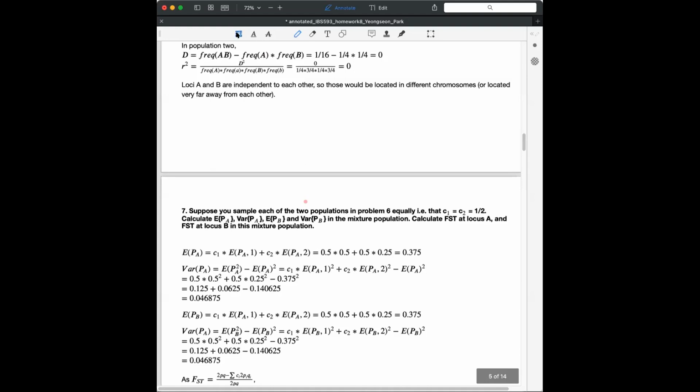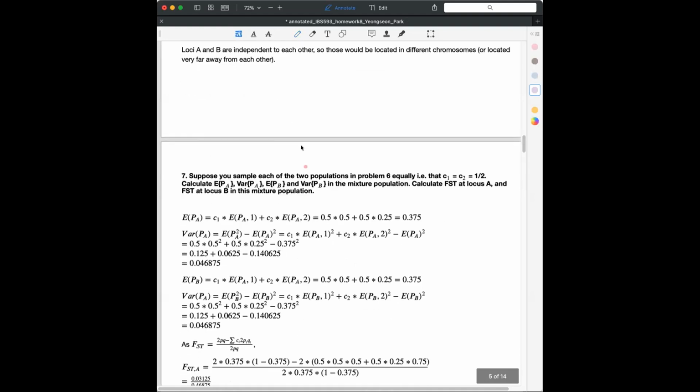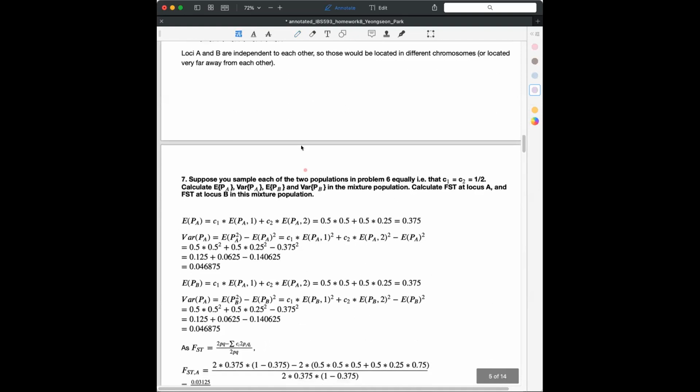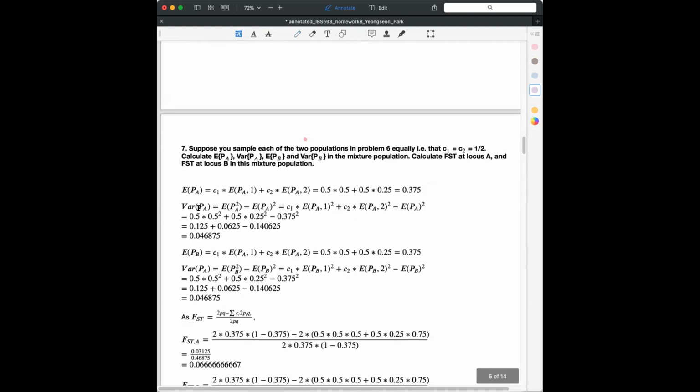so here we have two populations. We have a mixture population where we sample half of the population from population 1, and the other half from population B. So the expected PA, which is the frequency of a large A allele, is C1 times the expected fraction of A allele in population 1 plus C2 times the expected fraction of A allele in population 2.